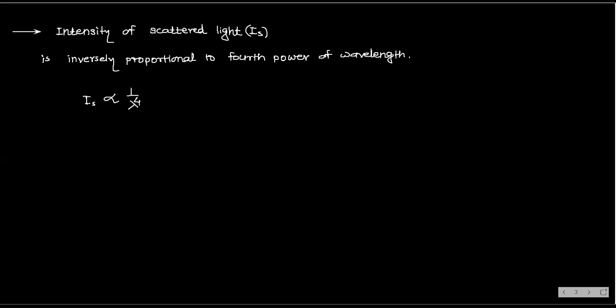Actually, how are you getting this? See, basically this IS is directly proportional to A square, that is amplitude square of scattered light. A is the amplitude of scattered light.